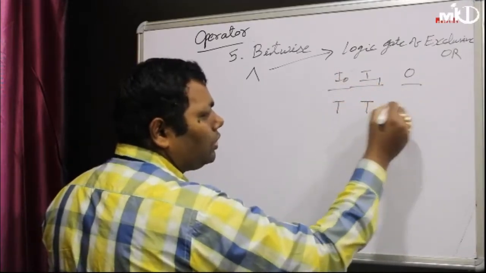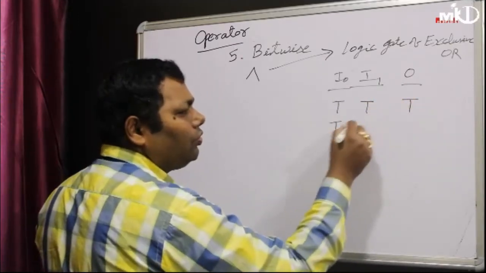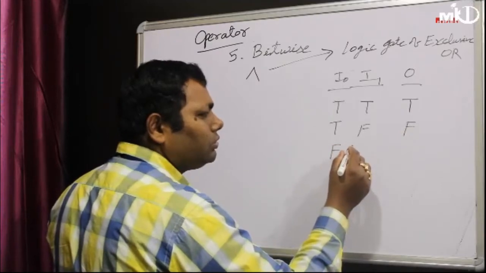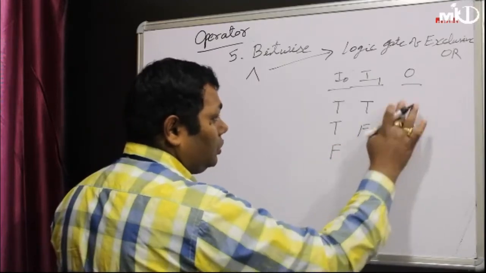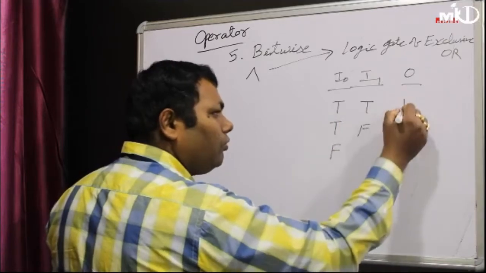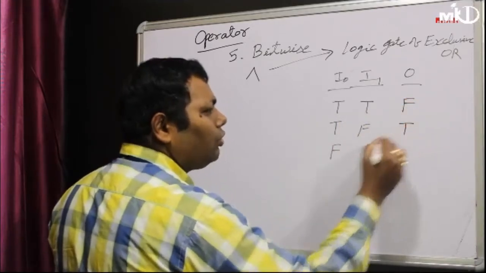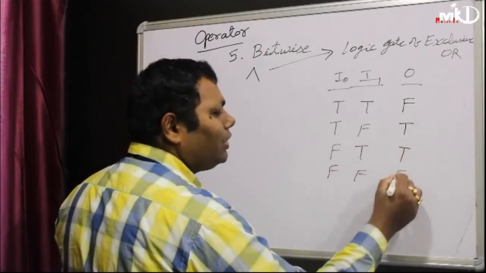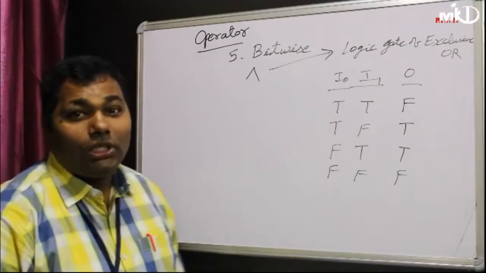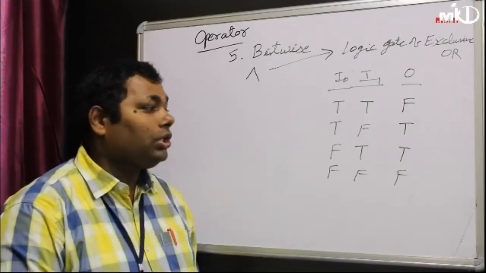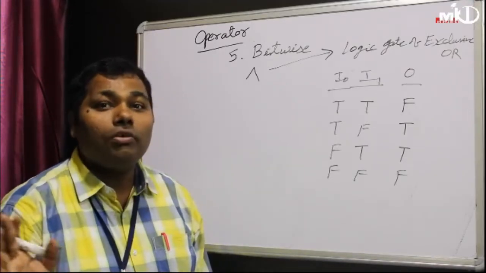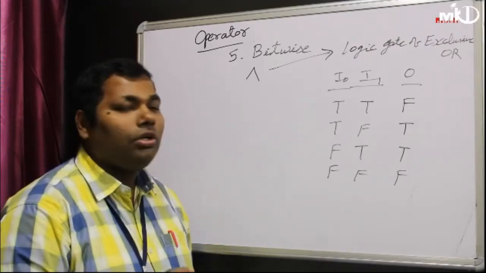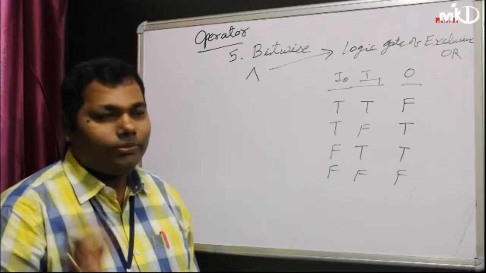True true, output is false. True false, true. False true, true. False false, false. That means if both inputs are true or both inputs are false, then it will return false. If any one input is true, then it returns true. Clear?